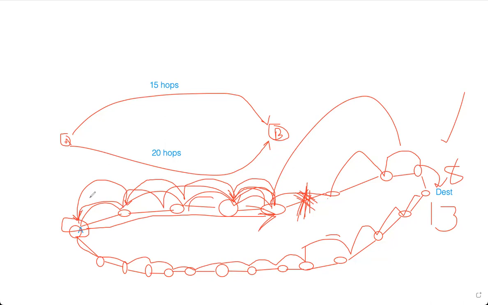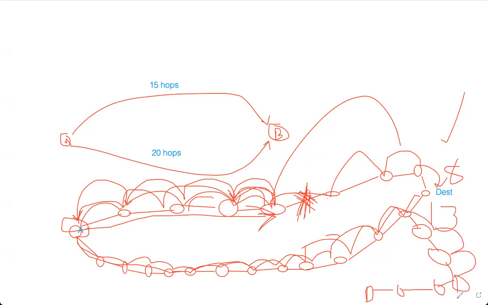And let's say there are 1, 2, 3, 4, 5, 6, 7, 8, 9, 10, 11, 12, right? Then there is one more router, one more router, one more router, and then the actual destination. So in this case it is 12, 13, 14, 15, 16, 17, and 18 hops.